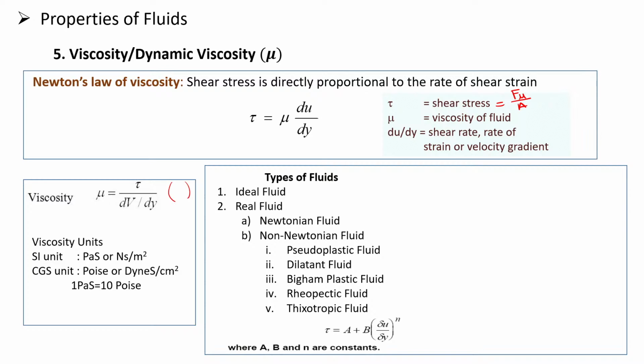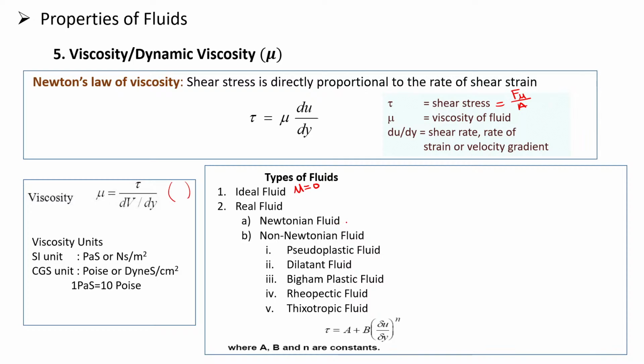Then based on the viscosity, we can differentiate the fluids. So majorly, broadly, we can differentiate like ideal fluid and real fluid. Ideal fluid does not have any viscosity. So viscosity is 0 in case of ideal fluid. Real fluid has viscosity. In case of real fluid also, we can subdivide the fluids like Newtonian fluid and non-Newtonian fluid.